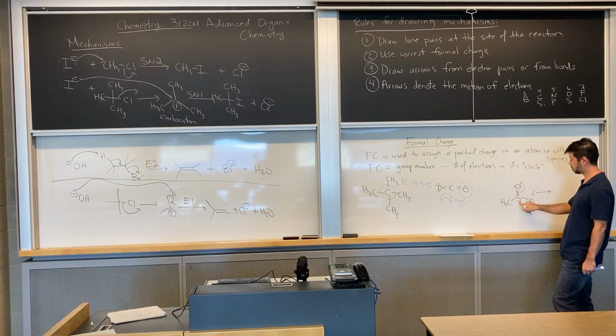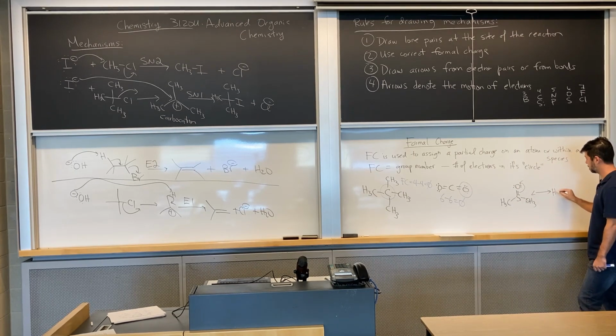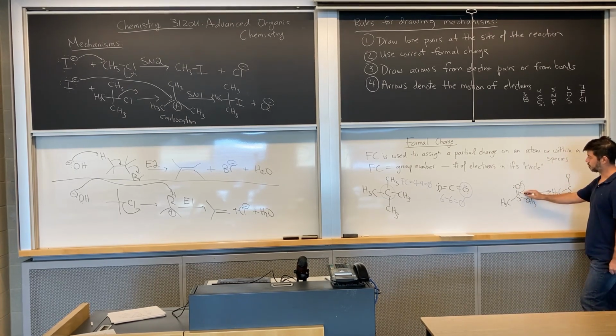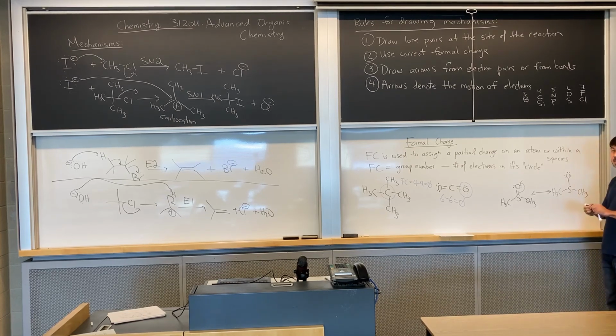Okay, so here's the neutral species in its Lewis dot structure. And we're drawing a resonance form. We've broken this bond, moved electrons up to here, so now you have 1, 2, 3, 4, 5, 6, and like that. So let's ask 2 questions.